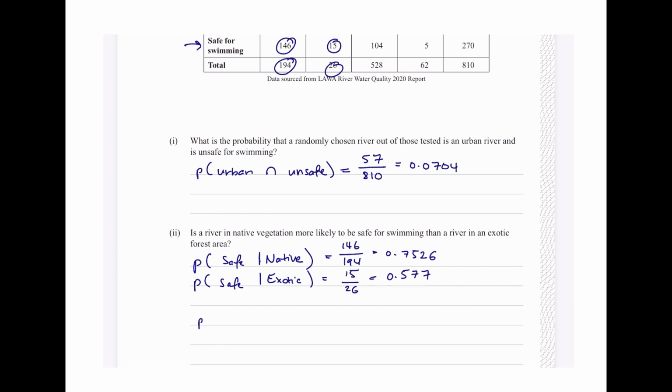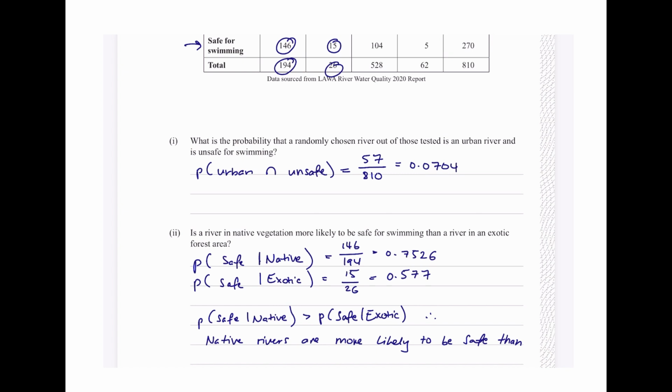Well, the probability that we are safe given native is greater than the probability of it being safe if it is exotic. Okay, therefore, we'll say the evidence is that native rivers are more likely to be safe than exotic rivers.